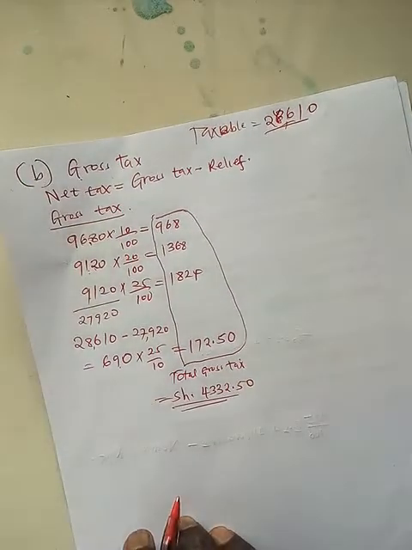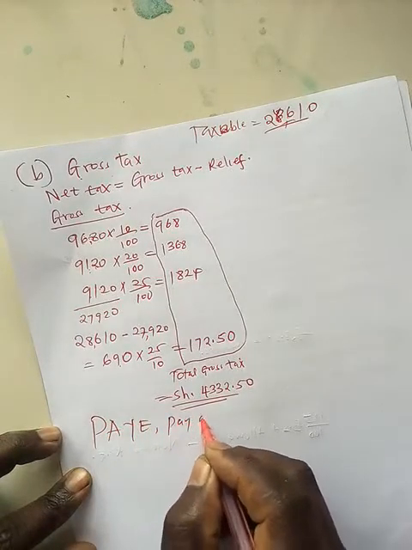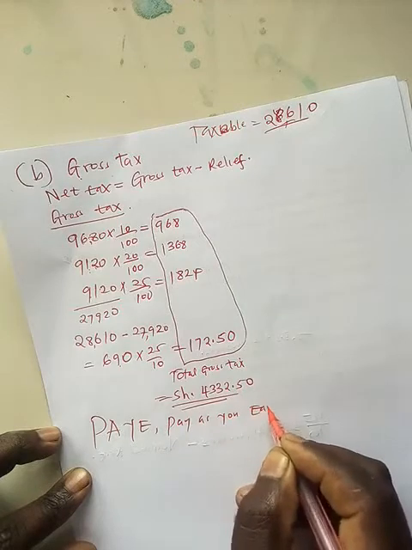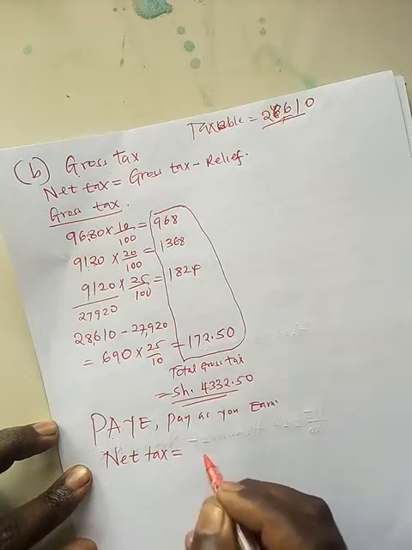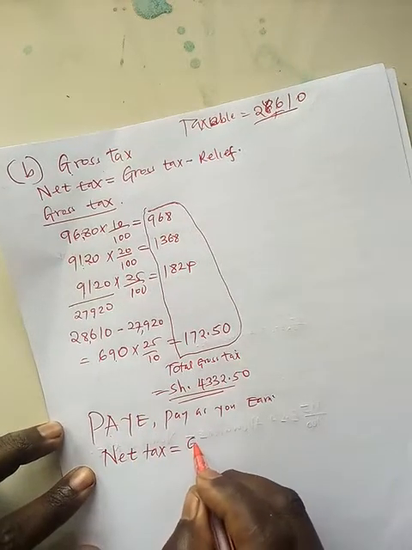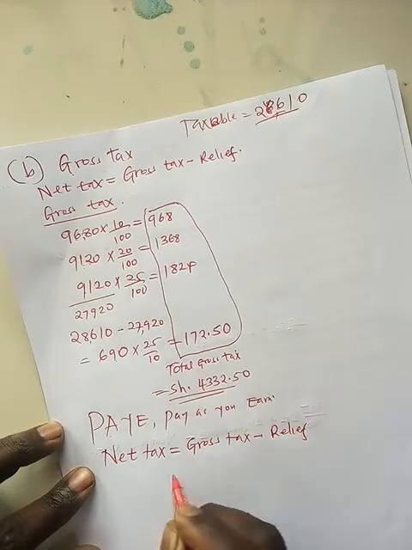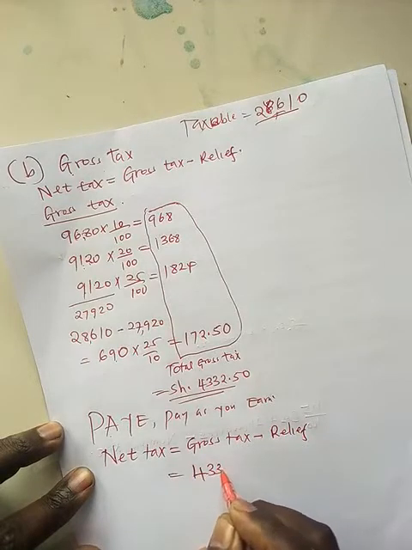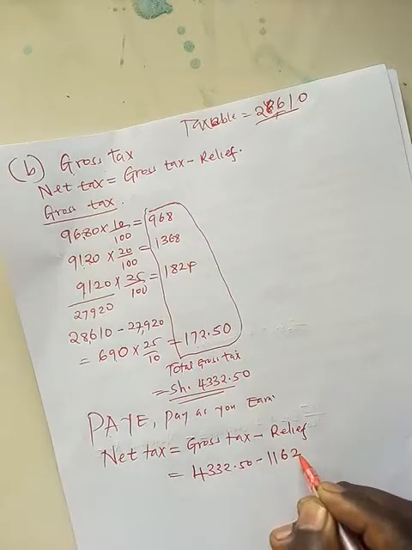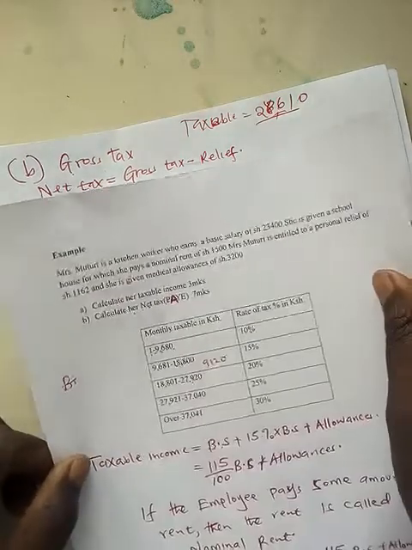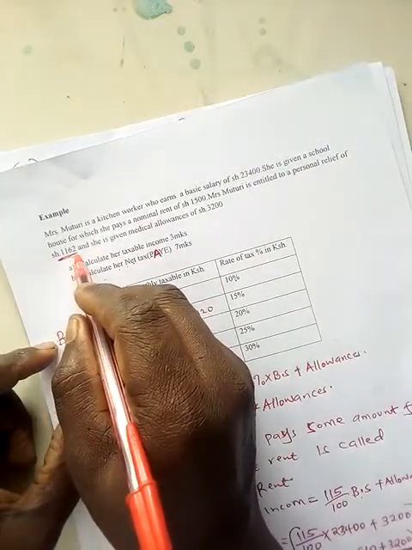Lakini tulikuwa tumeulizwa PAYE. PAYE means pay as you earn. So PAYE is the same as net tax, which is equal to, nimekupea huko, gross tax minus relief, which is equal to 4,302.50 minus 1,162, because huyu madam alikuwa analipa relief ya 1,162.